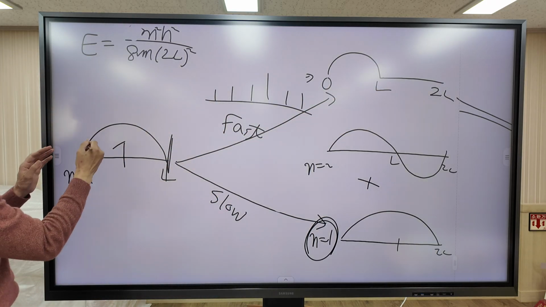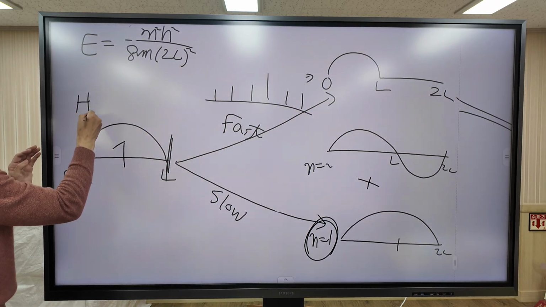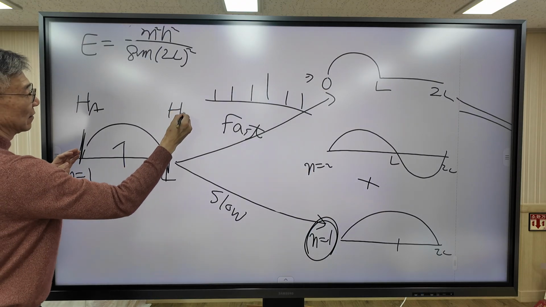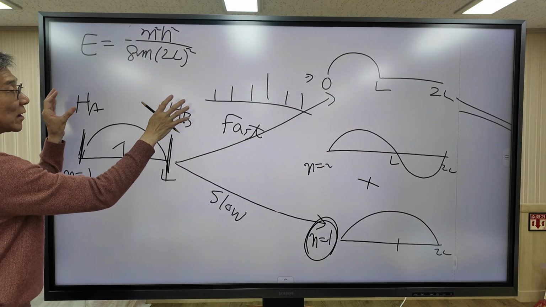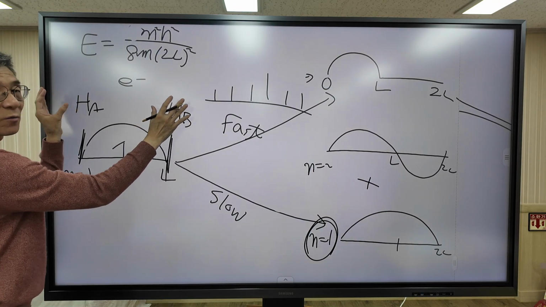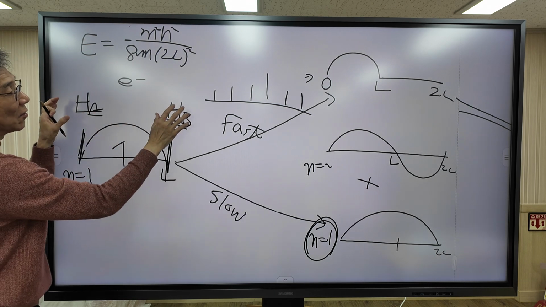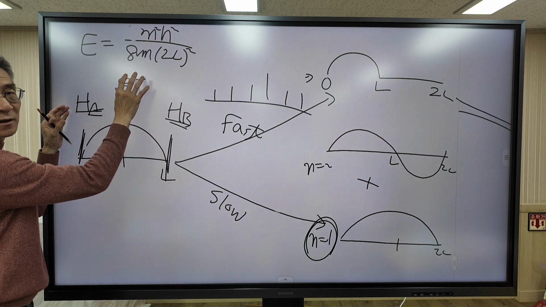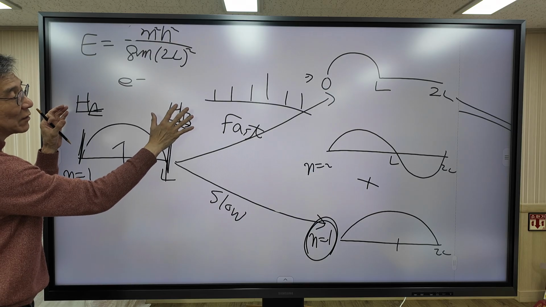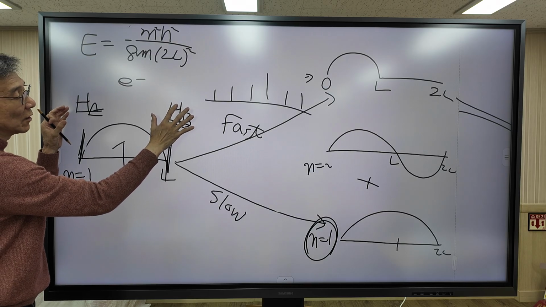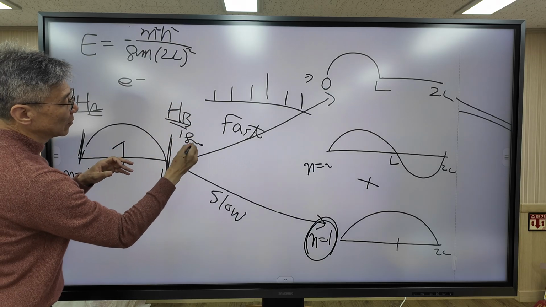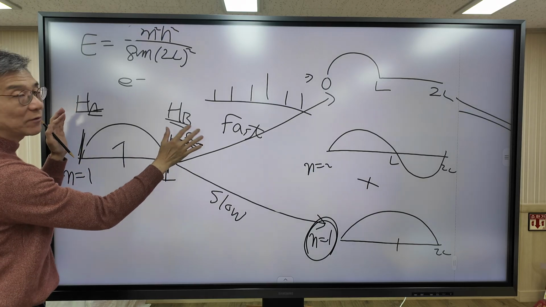But in our case, this wall is what? In our case, wall is real molecule. This is nucleus. Nucleus is much heavier than electron. This one is 12,000 times heavier than electron.